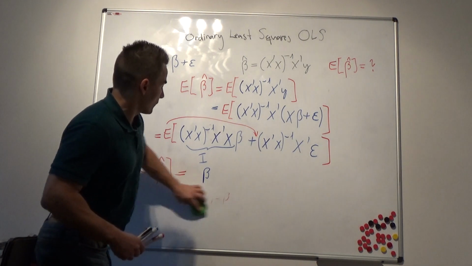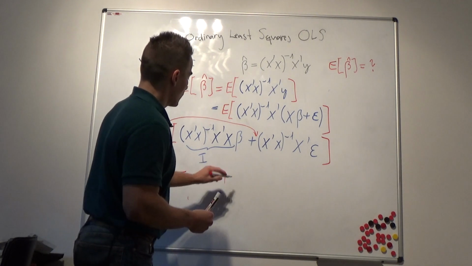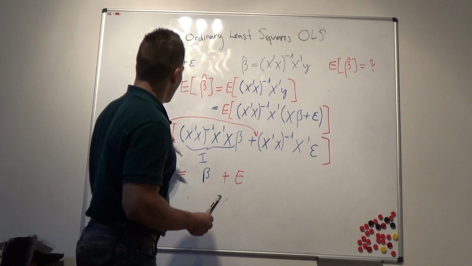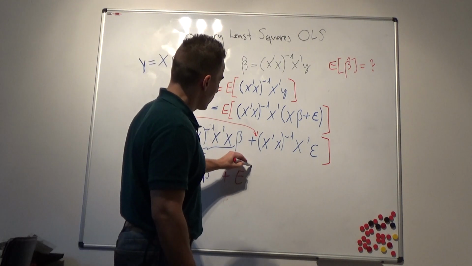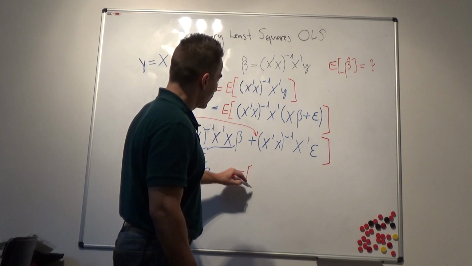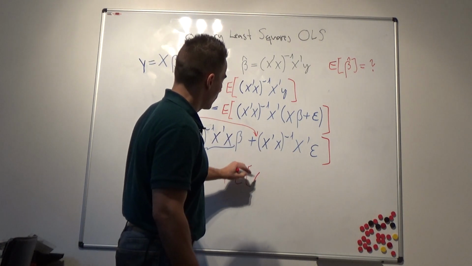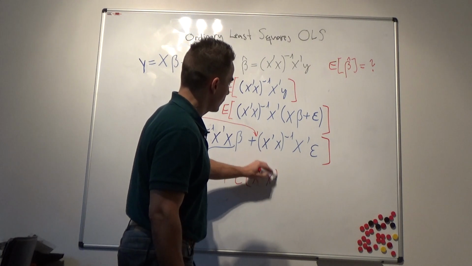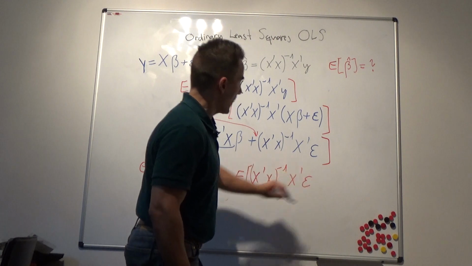So plus the expectation, now we move the expectation operator in the parentheses, of x prime x inverted times x prime epsilon.